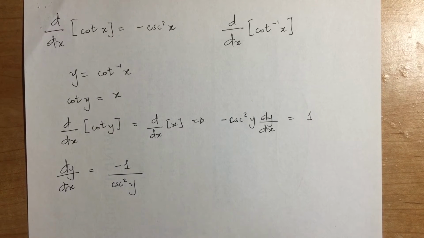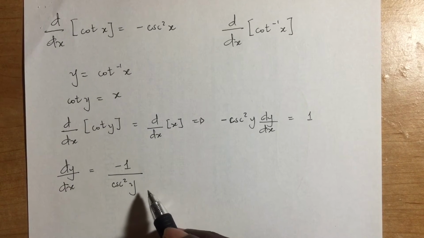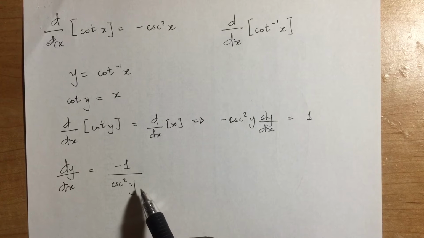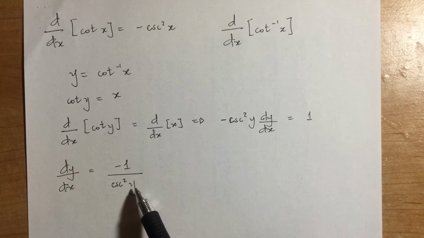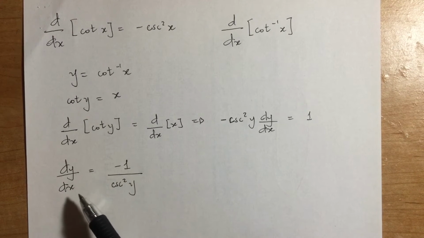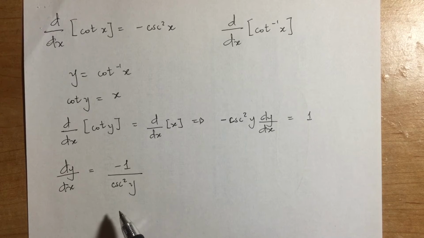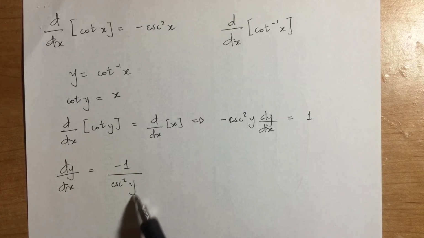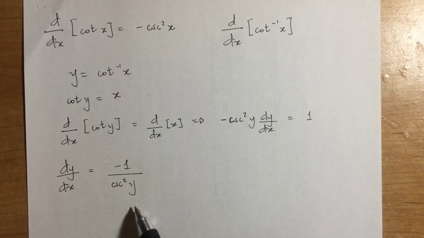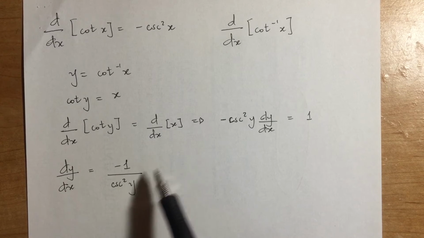All right, but this is not our final answer because we want our answer to be in terms of x since we're differentiating with respect to x, but in this case this is in terms of y. So here we'll have to play a little games.